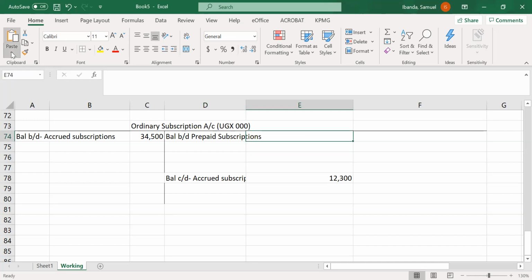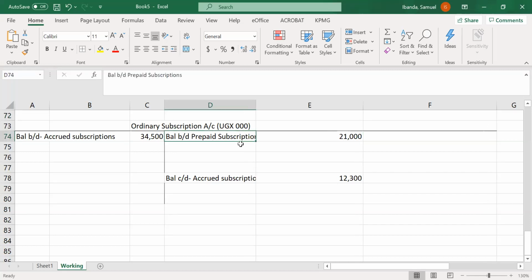So you record your value there. It's 21,000. The value is 21,000. So as the balance brought down is this side, balance carried down is on this other side. So I record balance carried down.